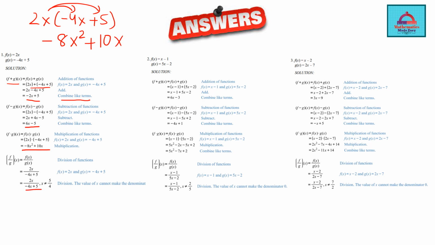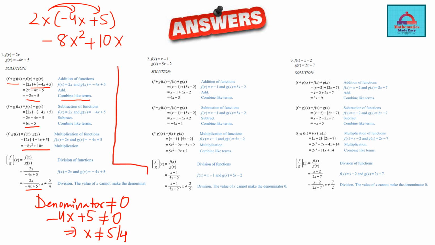There is no common factor that can be cancelled. The only thing you have to remember is that the denominator, when it is division, cannot be 0. That means minus 4x plus 5 cannot be 0. That means x cannot be 5 by 4. This is an important point that you have to take care of when you are writing division.